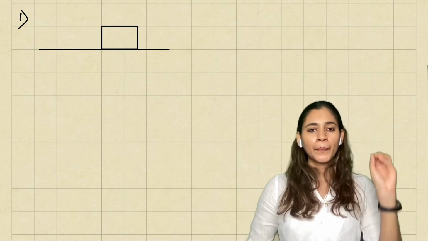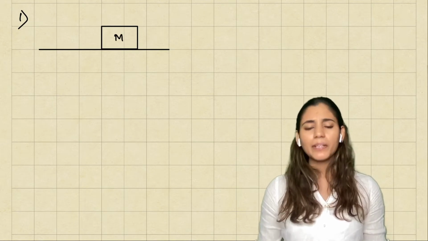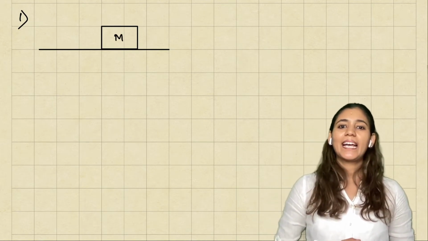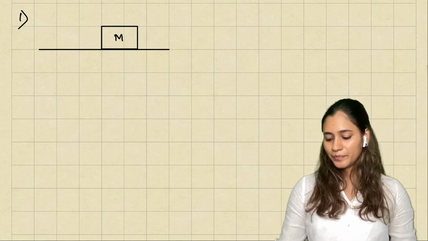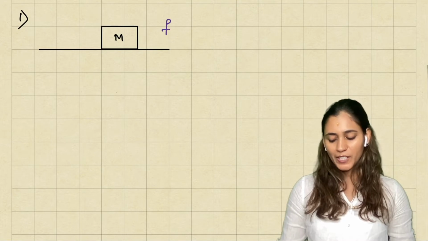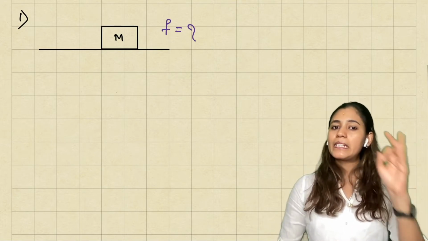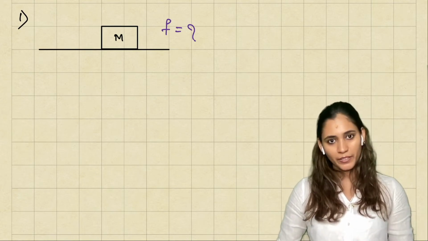Again, I'm repeating, the block is at rest, and let's say m is the mass of the object. Now the question comes: is there any frictional force present here? Let's say small f represents the frictional force. Is any frictional force present here?